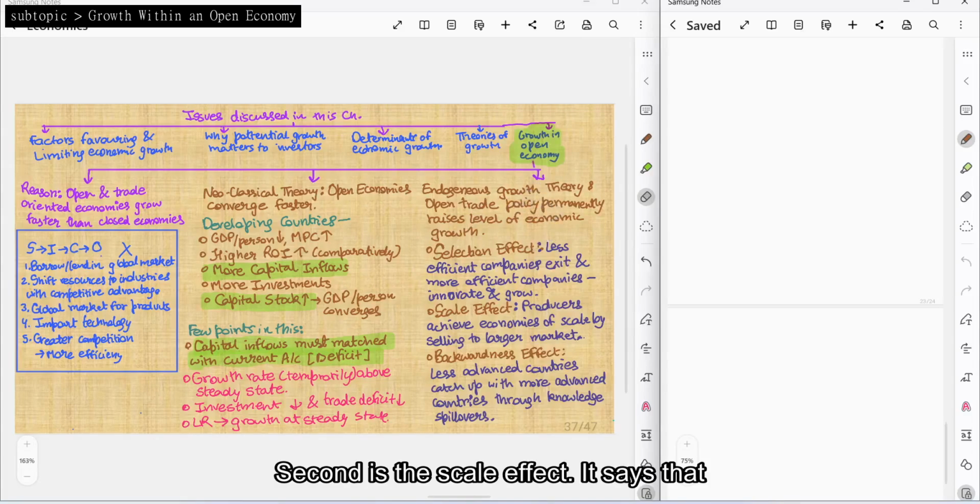Second is the scale effect. It says that producers achieve economies of scale by selling to a larger market. So in turn, the costs are low. And the third is the backwardness effect. Less advanced countries catch up with more advanced countries through knowledge spillovers.